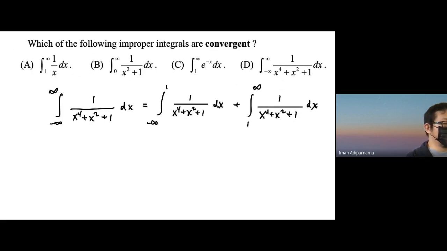Okay. Now, if you look at the functions, we have this, right? So if we just compare this to 1 over x with power of 4, we can, right? Okay.